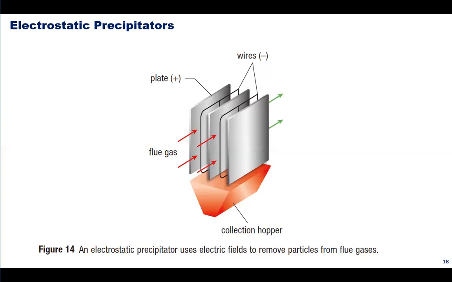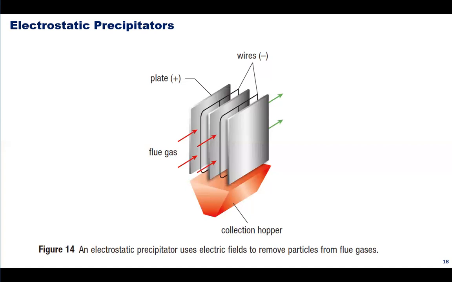So the exact arrangements of different electrostatic precipitators can vary, but the basic principle is the same in all of them. In the design shown here in this figure, figure 14, the flue gas and particles it contains pass between a grid of negative charge, conducting wires, and conducting plates carrying a positive charge.